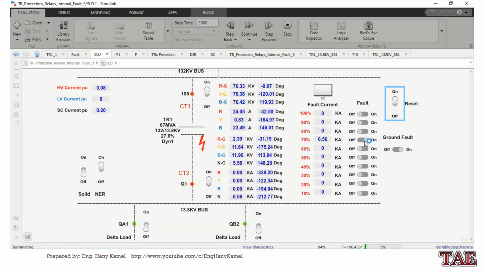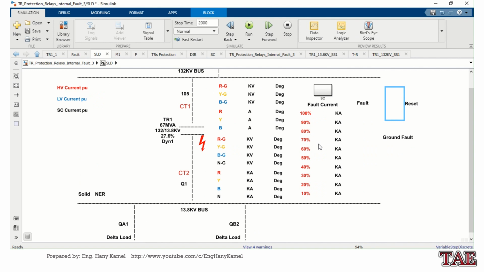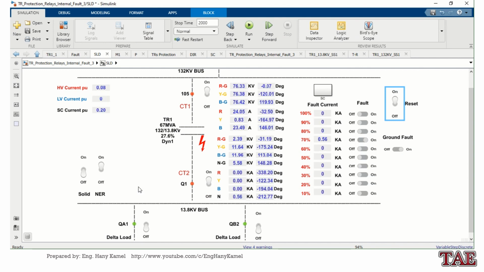Now by this setting or by this NER value and the old setting, around 60% from the winding is not protected. Solution for this, we will adjust the setting to enable the restricted earth fault to protect even the first 10% from the winding.